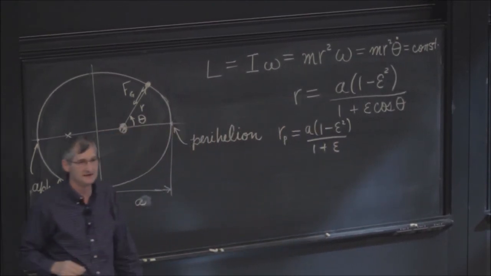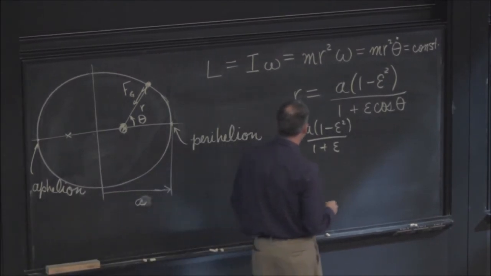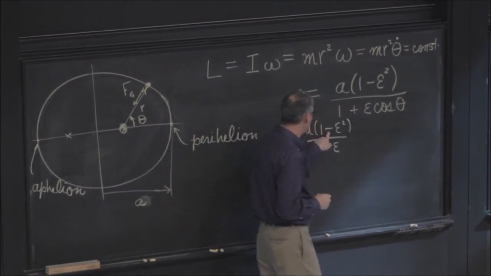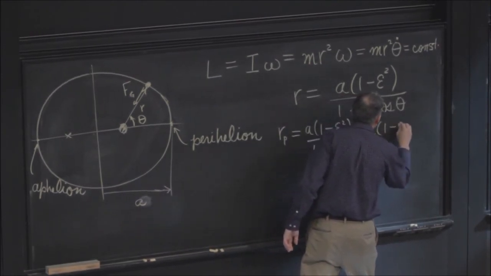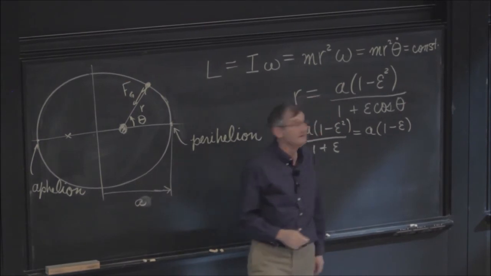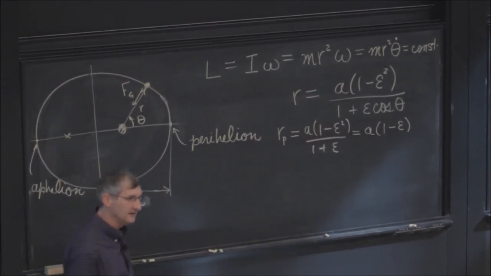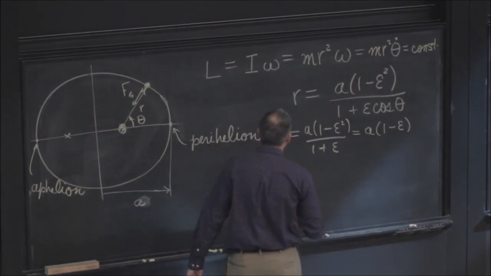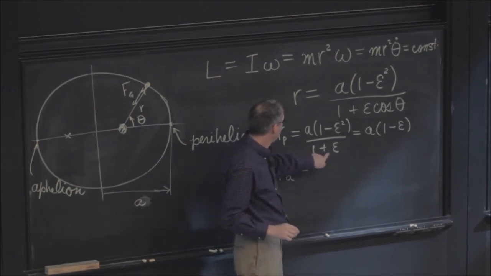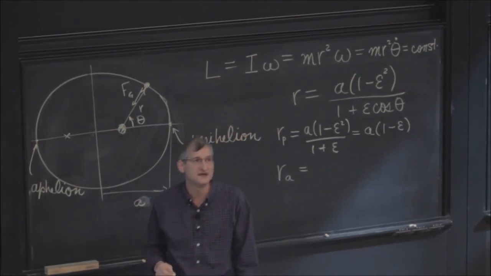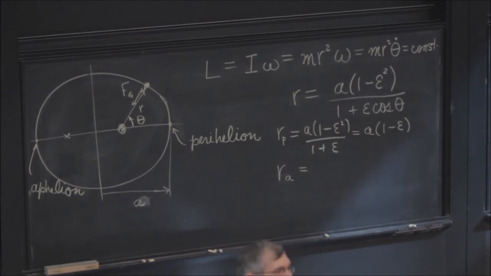Can I simplify that? To what? Okay, so this is (1 + ε) times (1 − ε). The (1 + ε) factors cancel, and so this looks like a times (1 − ε). And that hopefully corresponds to just what we have up on the figure, and I think it does. And you can easily show that at aphelion, instead of 1 plus, what's the smallest value for cosine θ? Negative 1.